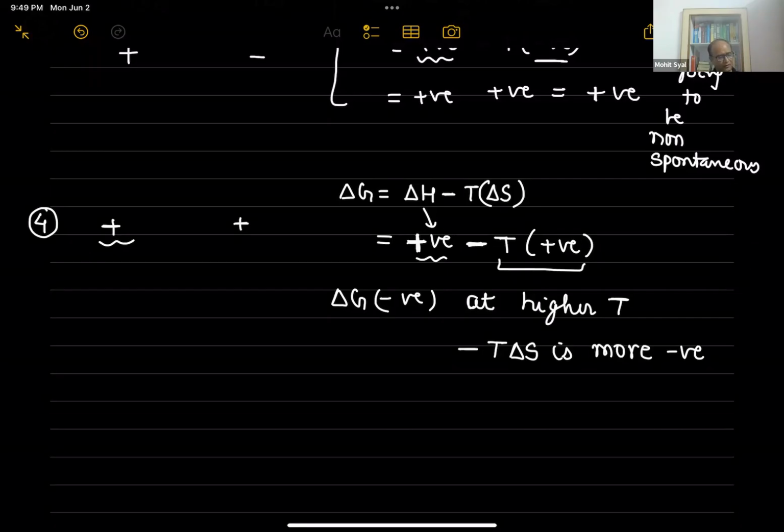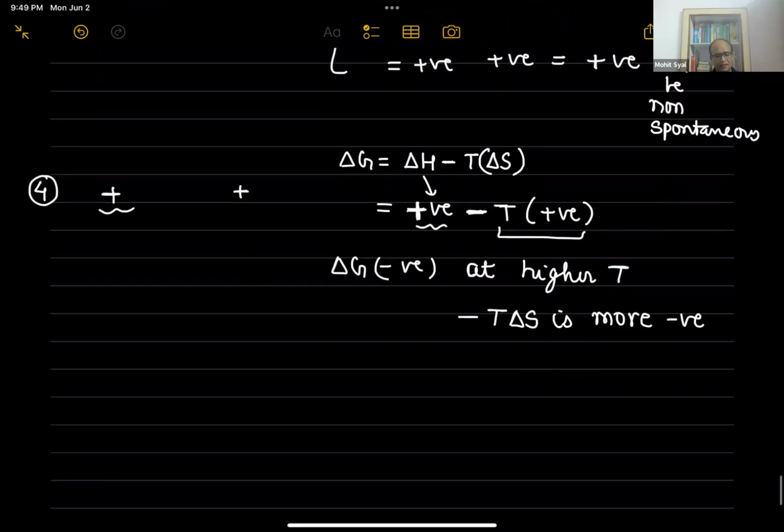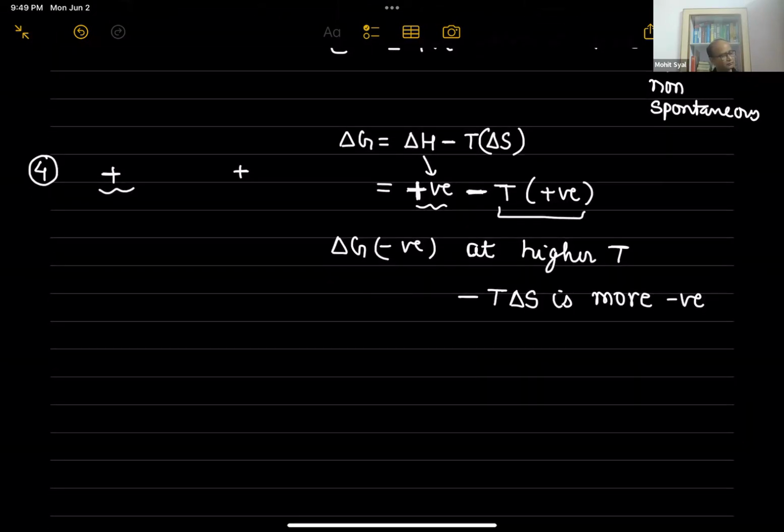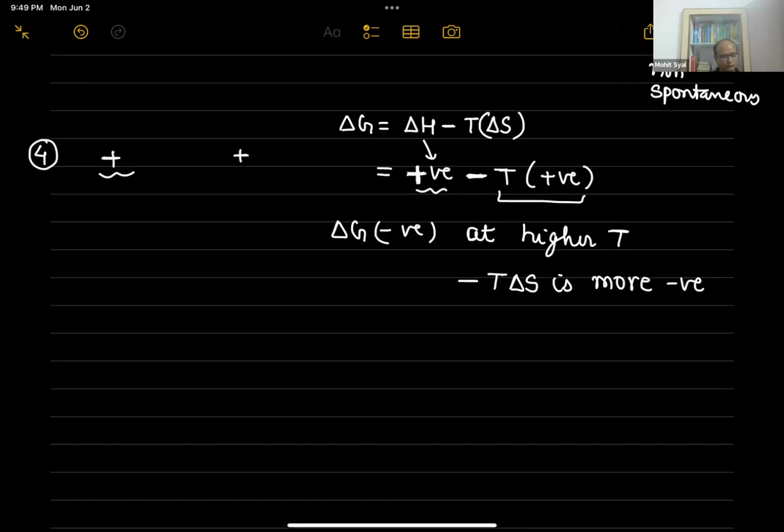How are you going to find the Gibbs free energy change for a reaction? By applying the formula delta H minus T delta S. This is one way.